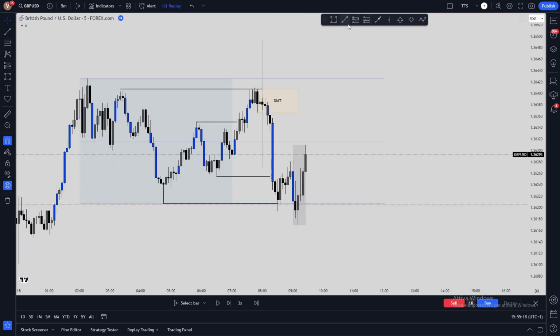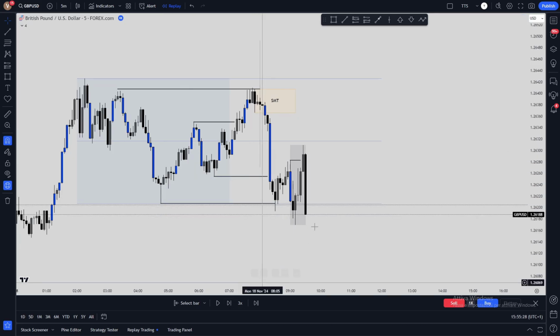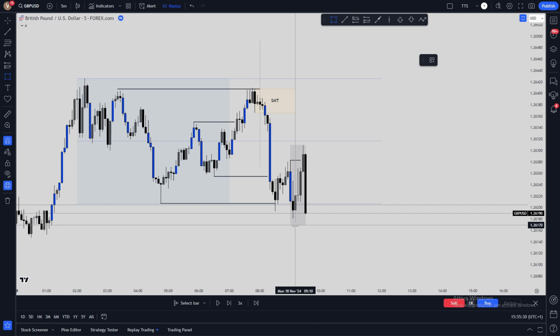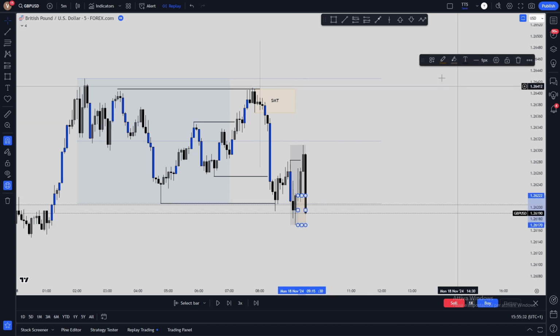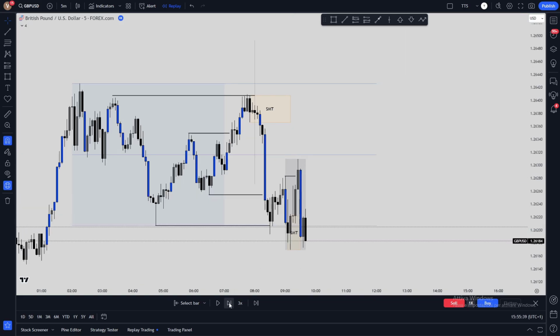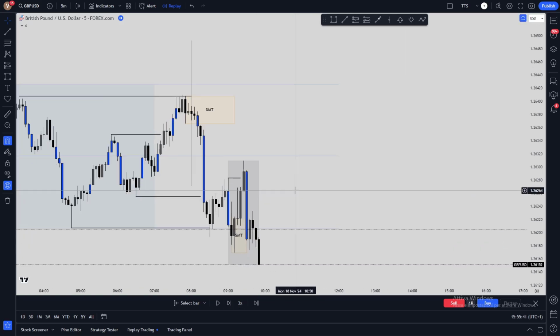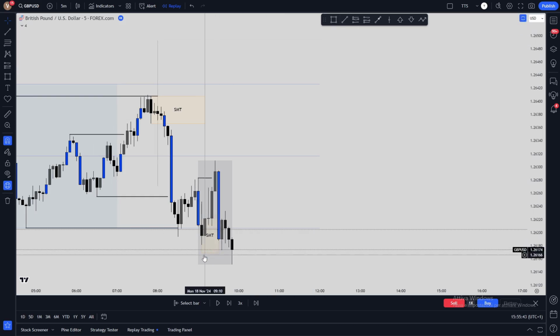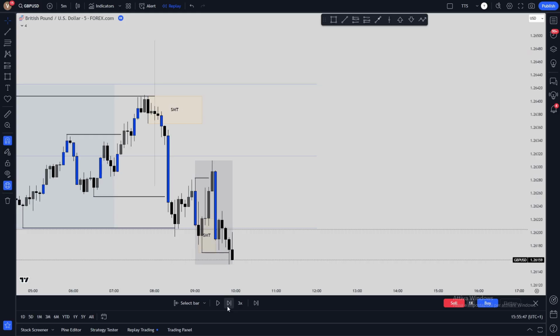We have our first break of structure after taking the Asia low, so we have early buyers in the market. For me this is an SMT reaction on this SMT, and then finally we took out early buyers in the market.